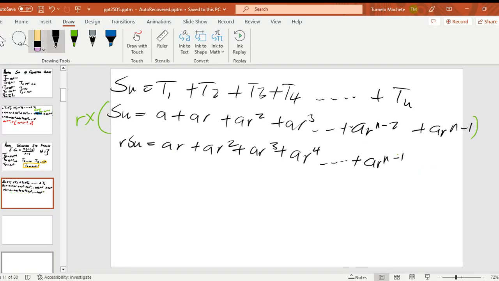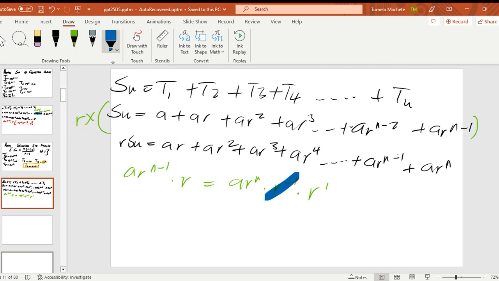So the next one will be Ar^n, because when you add 1 to that negative 1, you're going to have 0 there. It's Ar^(n-1) times r. You split this, Ar^(n-1) times r to the power 1. So this will cancel. That's why you're left with Ar to the power n.